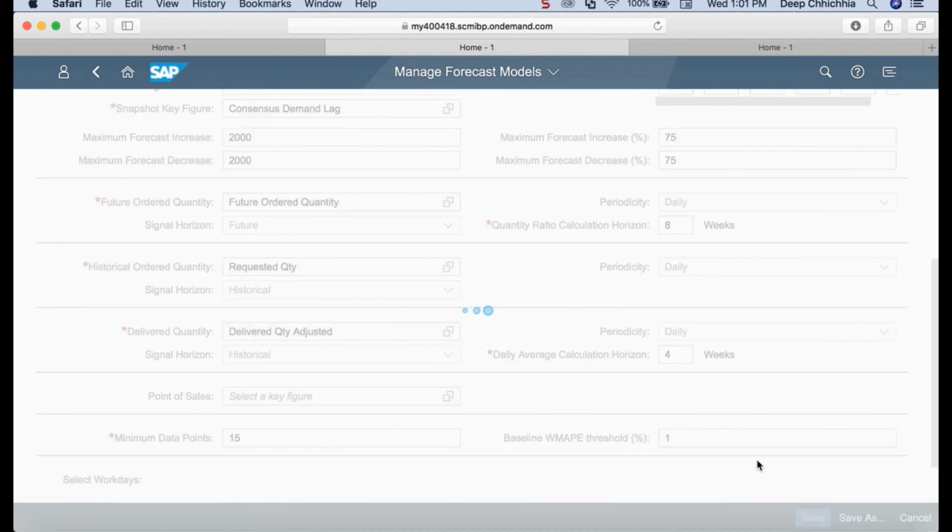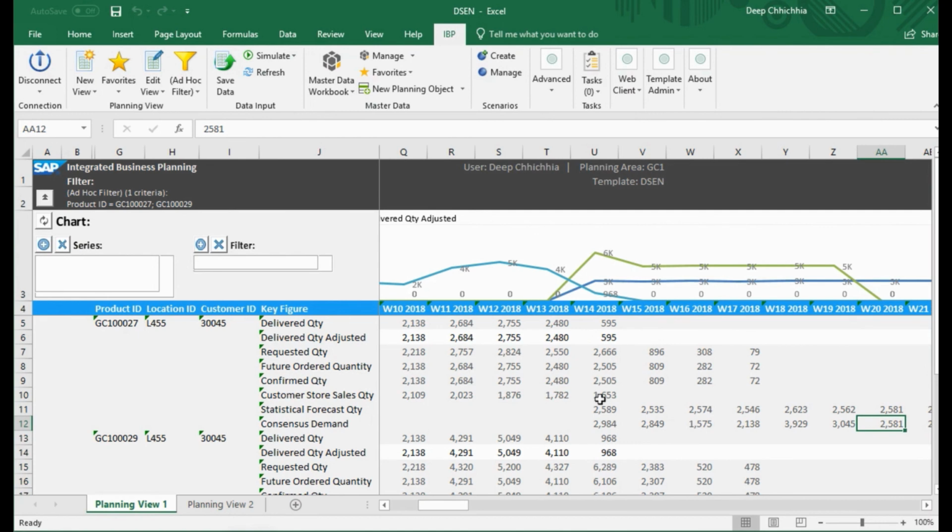let's just run demand sensing in the Excel. So before running sensing, I've run the start forecast best fit model and done various adjustments to come up with the consensus demand for these two products. So notice how all the inputs for demand sensing are stored in these key figures over here, like requested quantity, future ordered quantity, confirmed quantity, delivered quantity, and even the customer store sales quantity, which is the retail POS data, even though we aren't using it as of now.